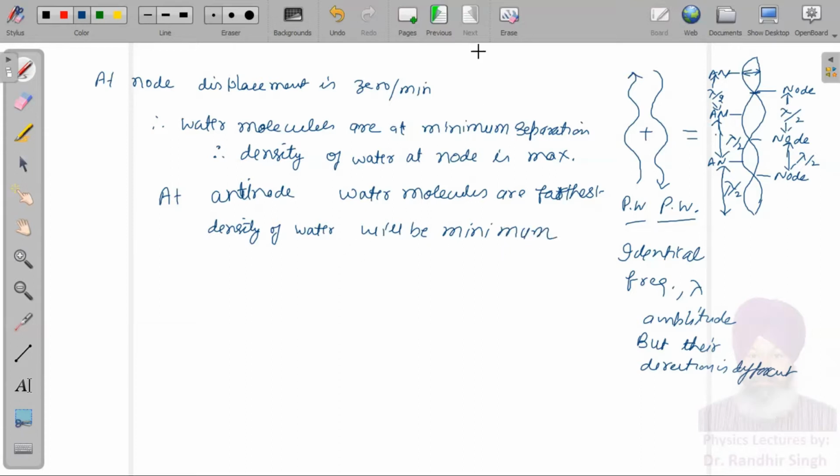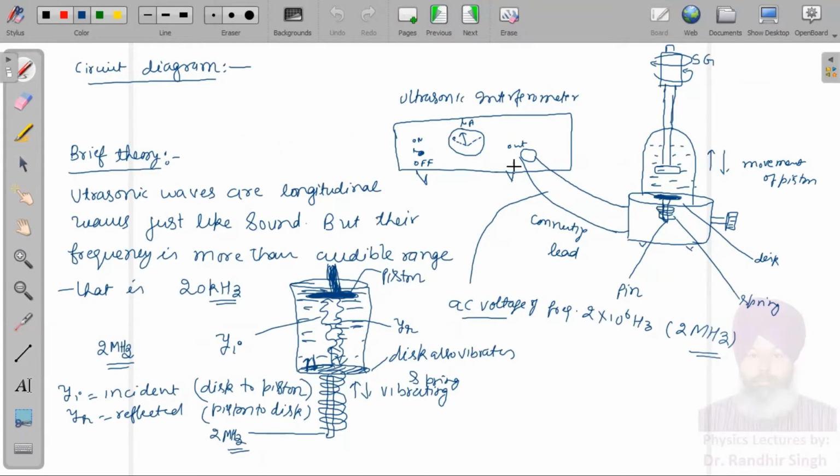Now if I show you the diagram, in this diagram we have a microammeter. It tells the current required to produce this alternating AC voltage. Now there is a pressure on this disc, and this piston is moving upward and downward.